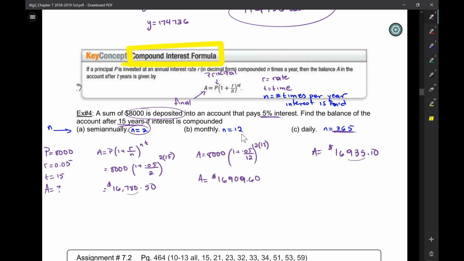We talked about what we do if it's compounded semi-annually or monthly, remember? This is the number of times that you're being paid interest in the year. If you're in an account that pays you interest semi-annually, twice a year, in January and then in June, the bank calculates interest and pays you money.